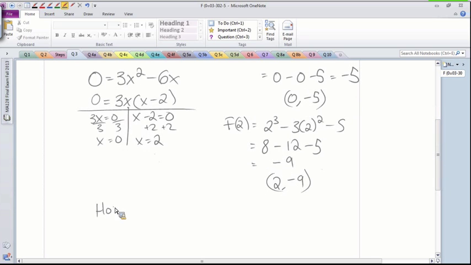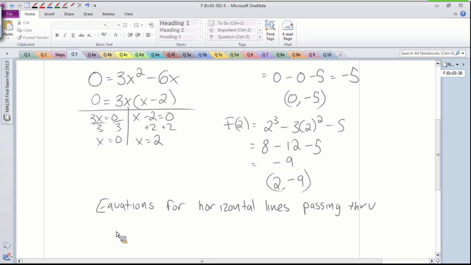So the equation for a horizontal line passing through the point (a, b) will be y equals b.